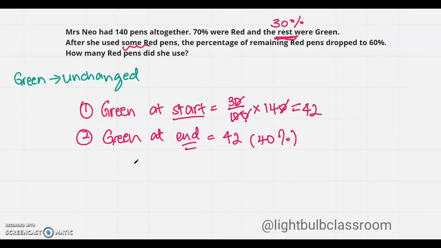So let's see what is, okay, there are a few ways to do it. You can find out what is 1%, but the way I like to do it is 40% is 42. So you want to find out what is 60%. So take this over this times 42. Okay, they must be the same units for this to work.